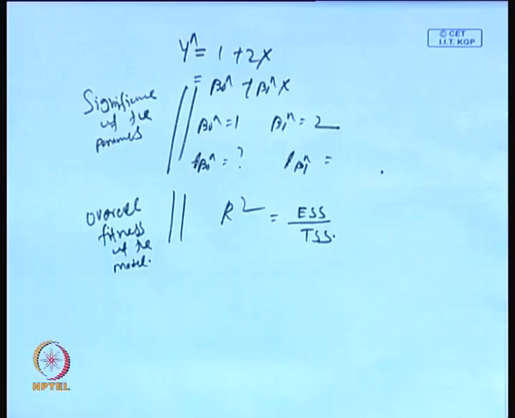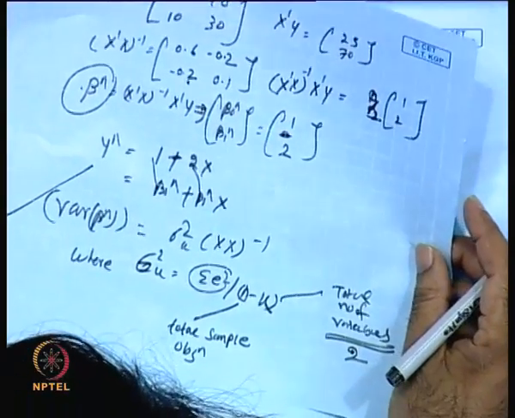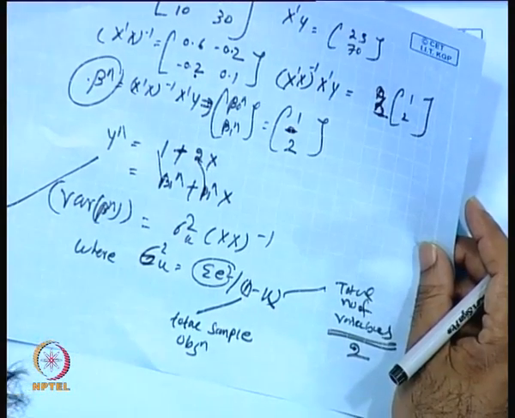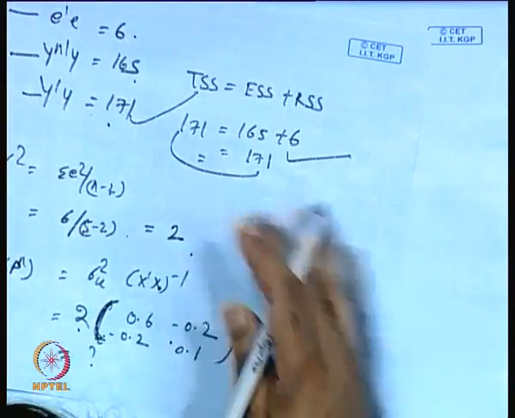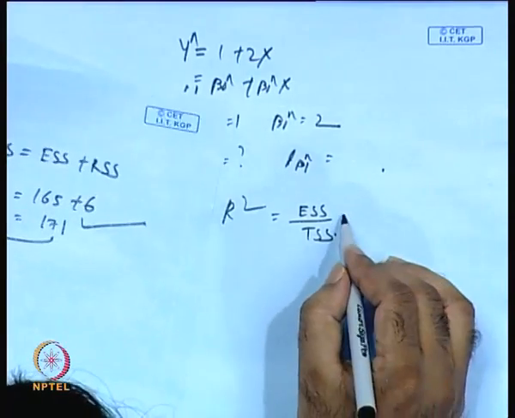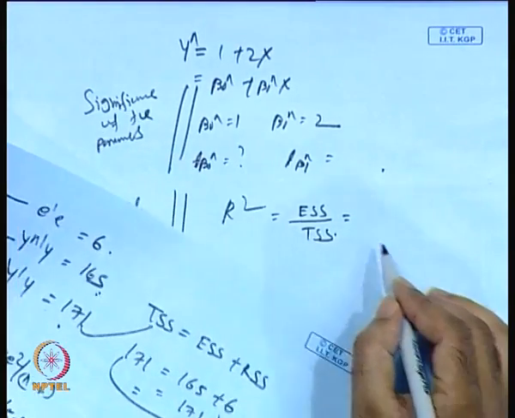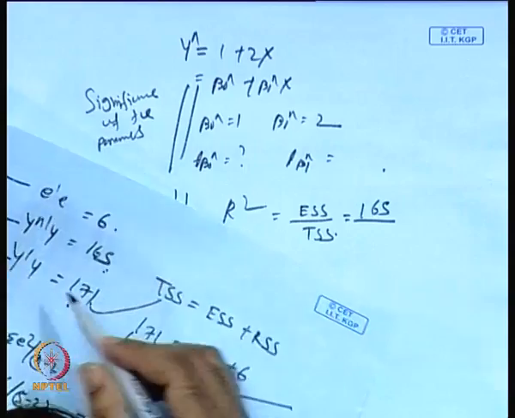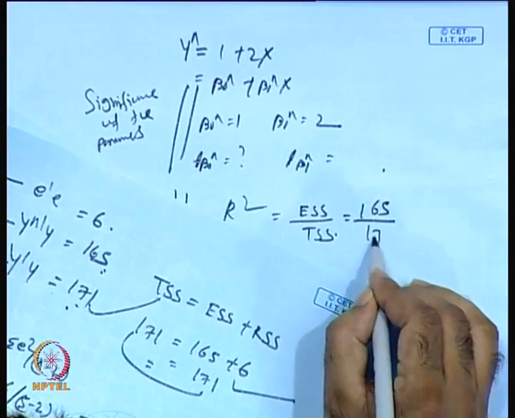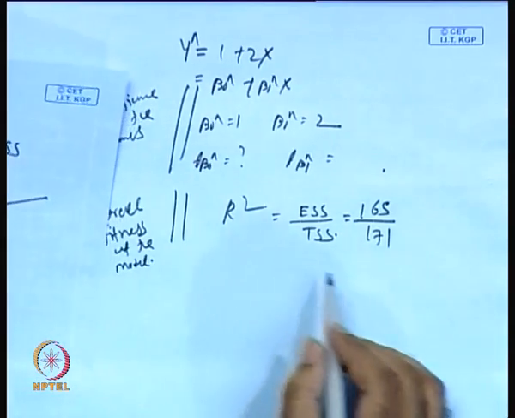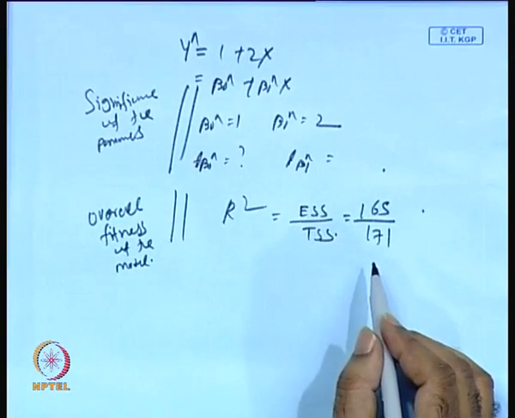So ESS is 165, and TSS is 171. This is the R-square value.